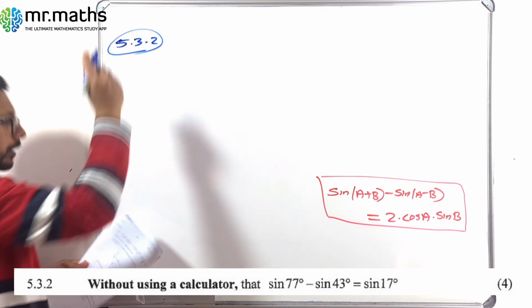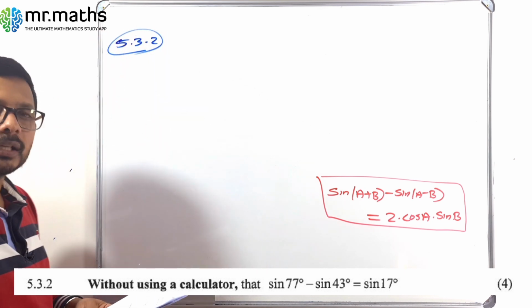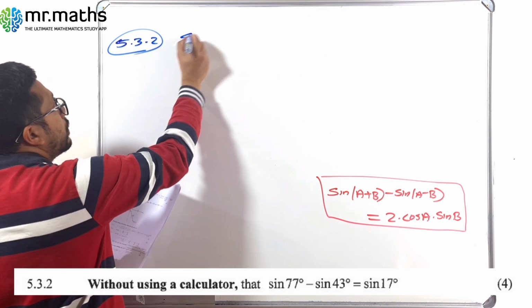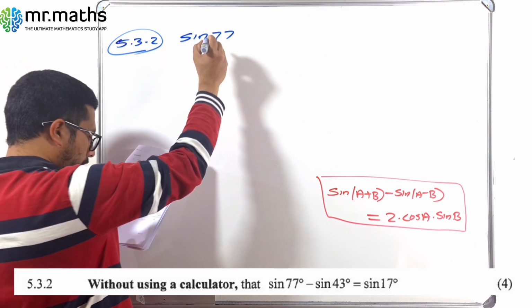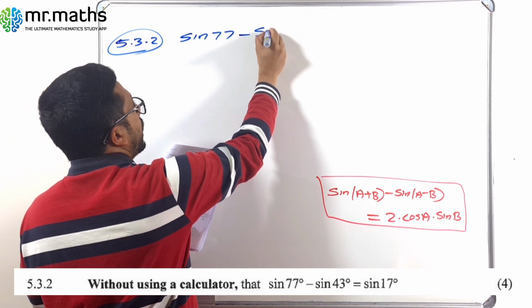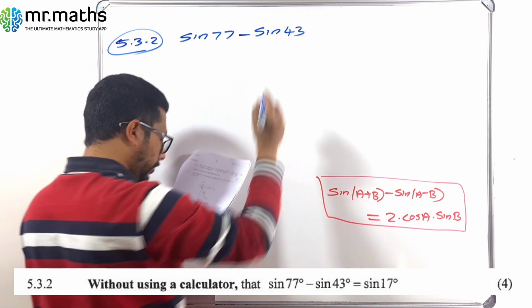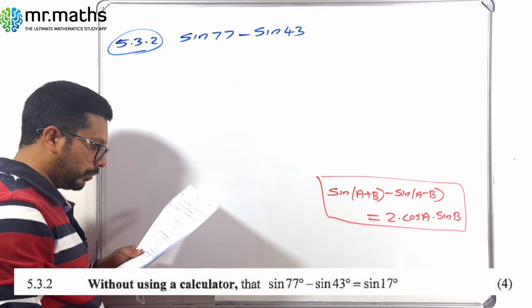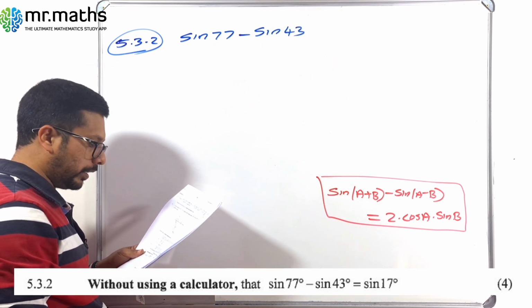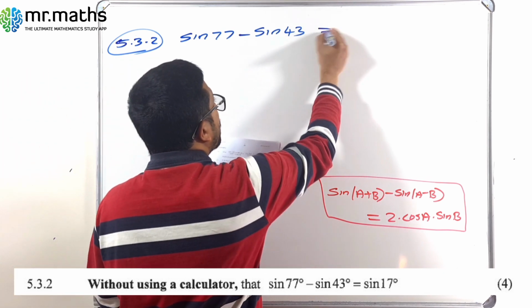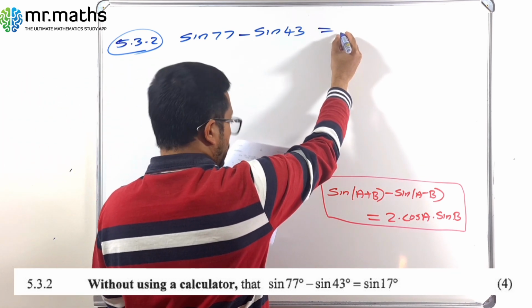What is that question? Without using calculator, you have to prove that sine 77 minus sine 43 is equal to sine of 17.